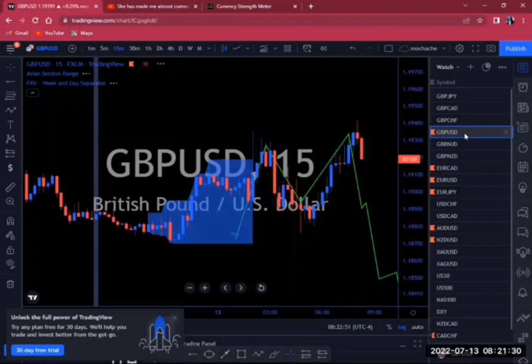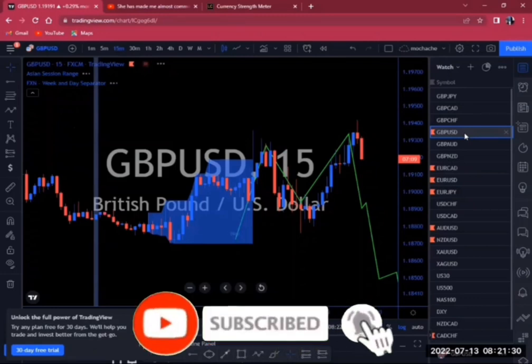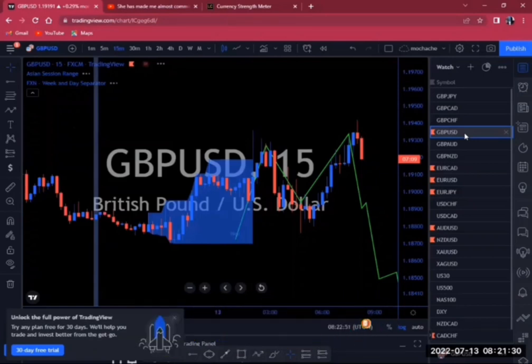So in this example here, the blue box is a representation of the Asian session, which is the initial low of the day and the high of the day. When the London market opened, it spiked above that Asian session to create a new high of the day, and the price pulled back and started accumulating contracts inside the Asian session.